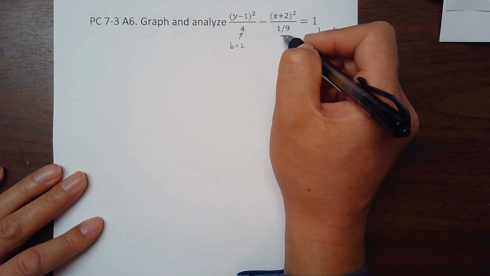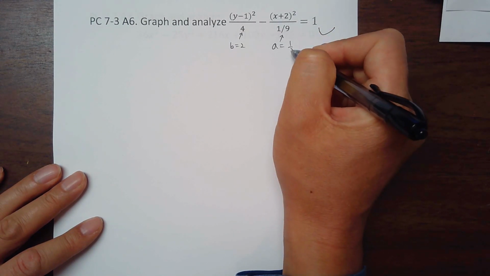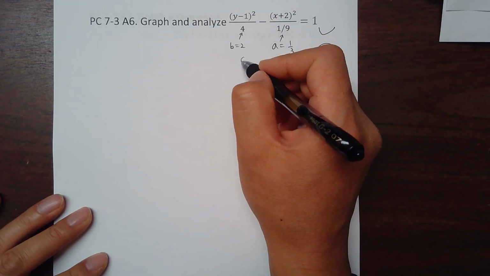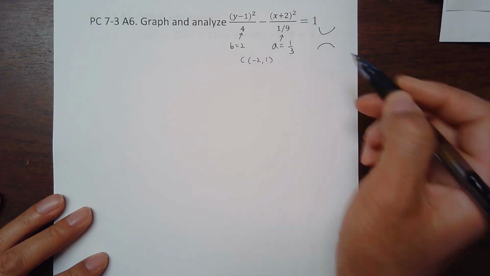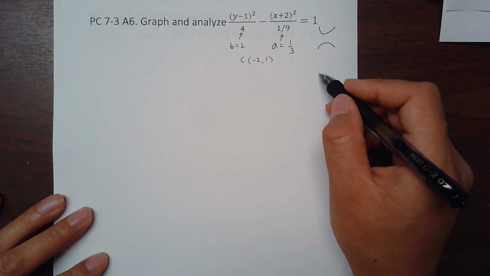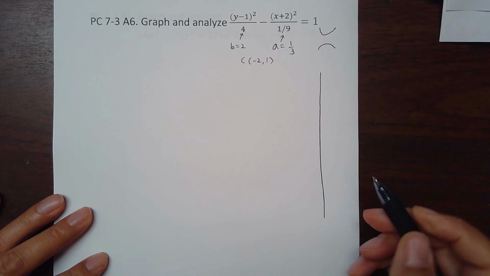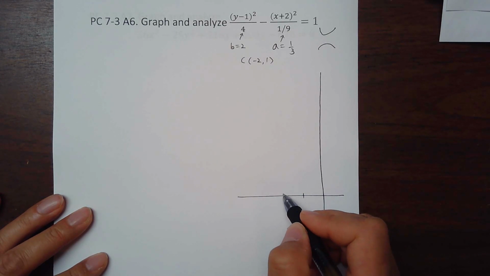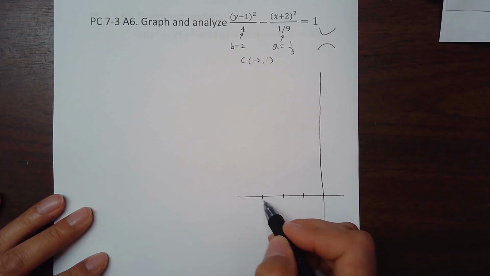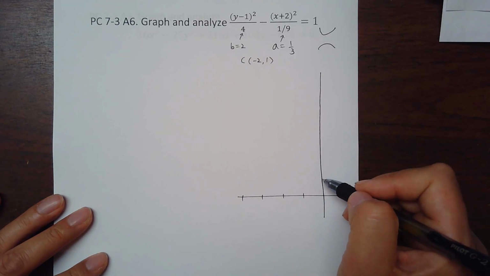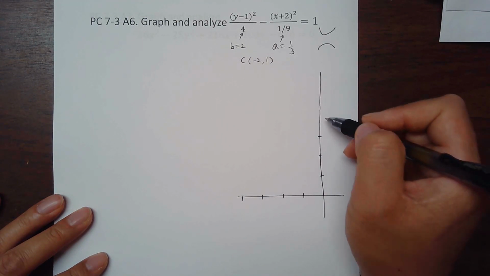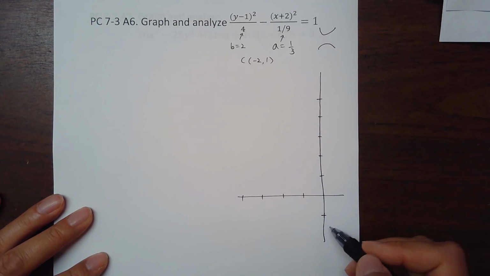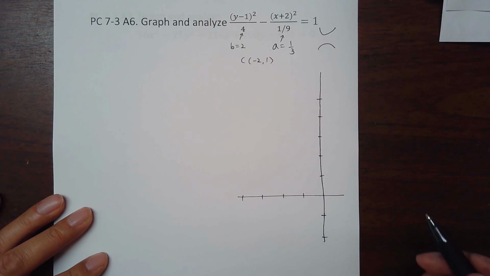B is gonna be 2, A is gonna be 1/3. Center will be minus 2, 1. So let's draw minus 1, minus 2, minus 3, minus 4, 2, 3, 4, 5, minus 1, minus 2.